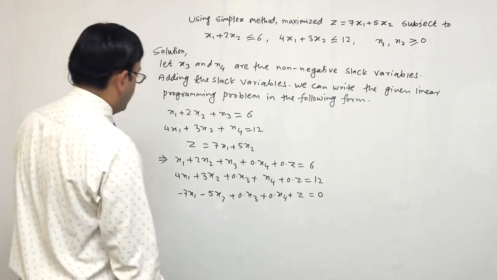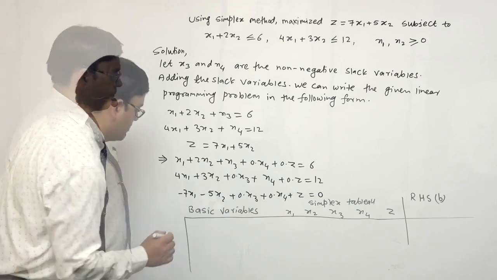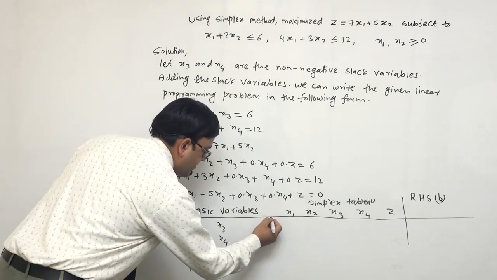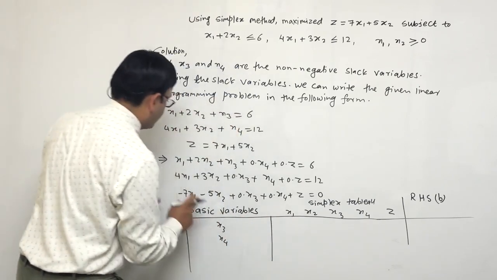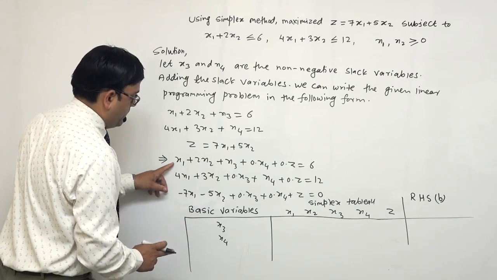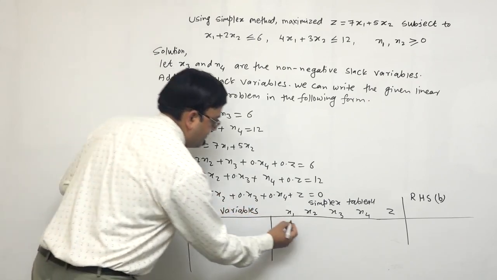Now we are going on step second, that is construction of simplex tableau. X3 and then x4. So here is x3, means here we have to write this x1 1.